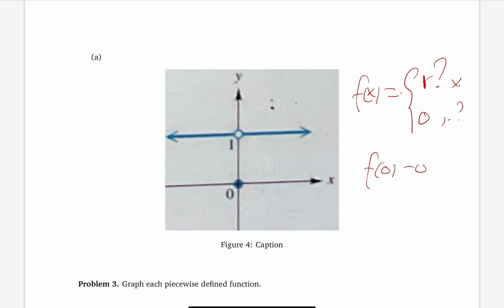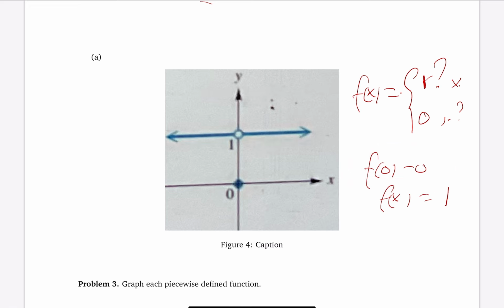Of course. And f(x) is equal to 0 is right, because you have a solid circle here. This one is solid. Because you have a solid circle here, that's why this one does make sense. This one does exist.